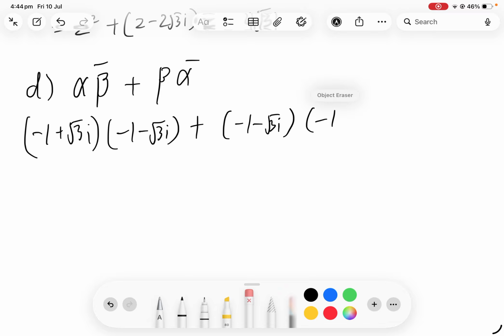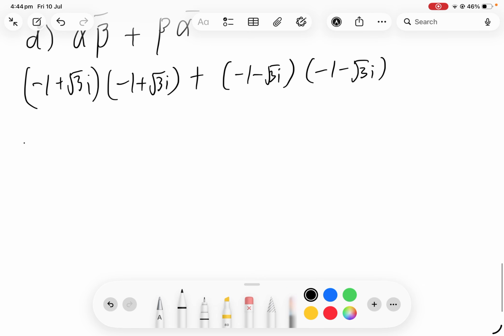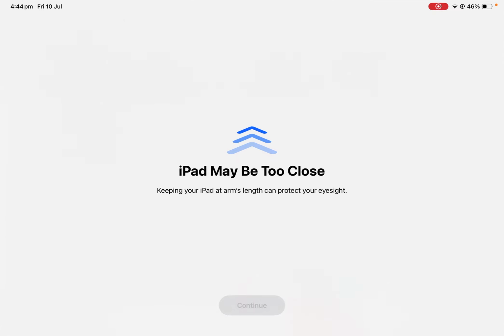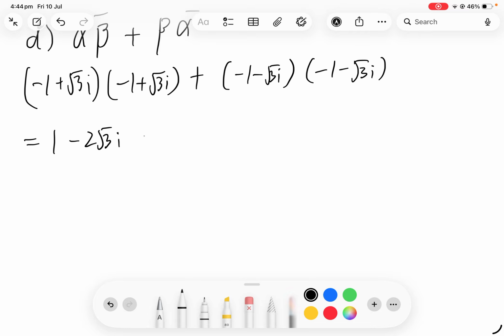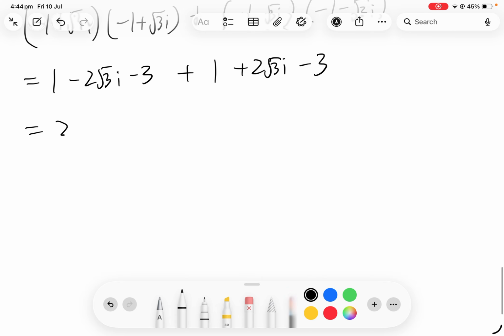Oh wait, it's inverse, so you just make that different, plus square root 3i, but then there's no more plus because the imaginary part is negative. And that just equals this thing squared. So we can just simplify like 1 take 2 square root 3i, well, this i got squared, so it's -3 plus, well, that's 1 again, but you plus 2 square root 3i because the negatives cancel out, and you -3, and that just becomes 2 take 6, which equals -4.